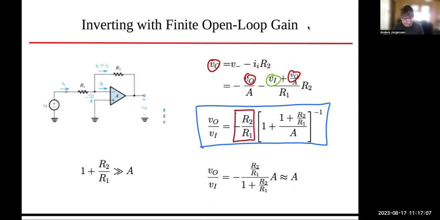And then it has another piece, which is 1 over the thing in the square bracket. So that second factor is a result of the non-ideal gain of the amplifier.